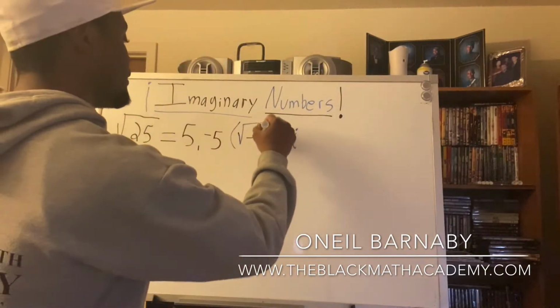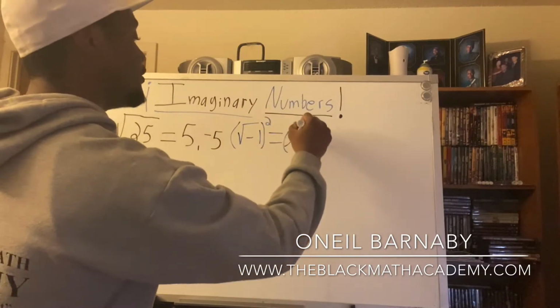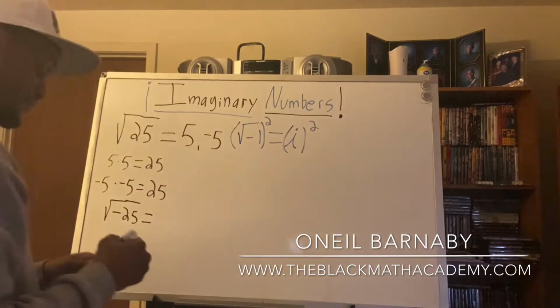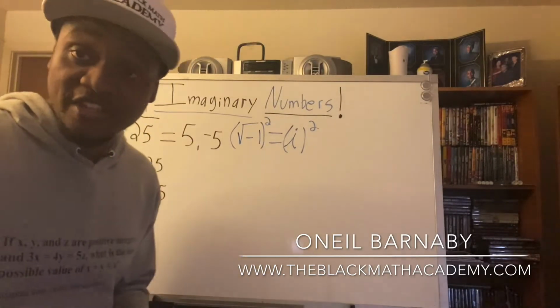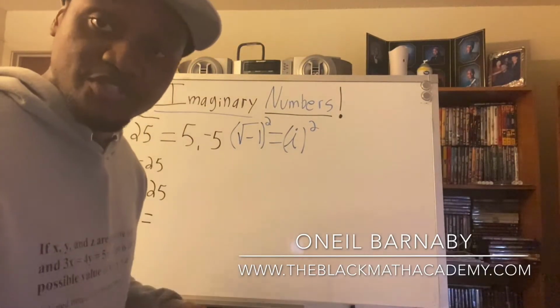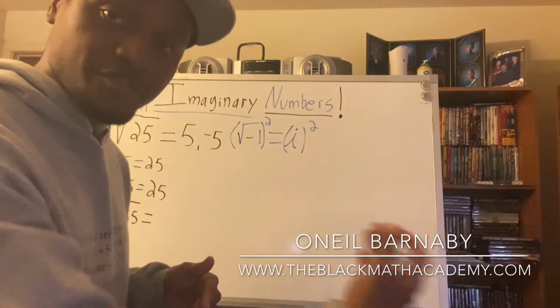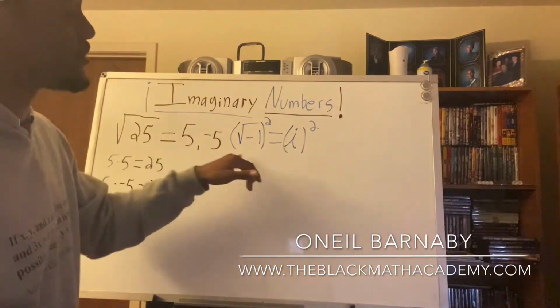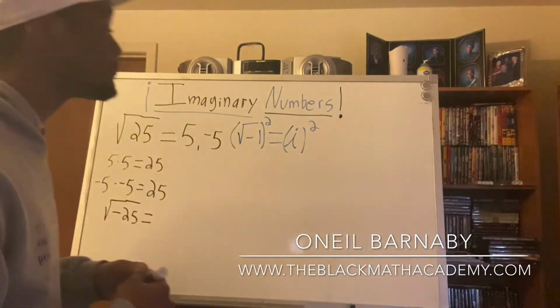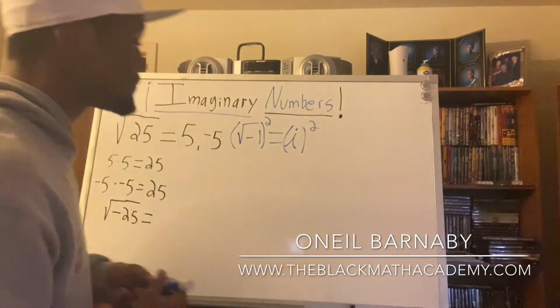So this side squared and this side squared. Well, algebra dictates I can do that because algebra says what you do to one side of the equation, you have to do to the other side of the equation. So I can take both sides to the second power. No problem there. So let's see what happens.